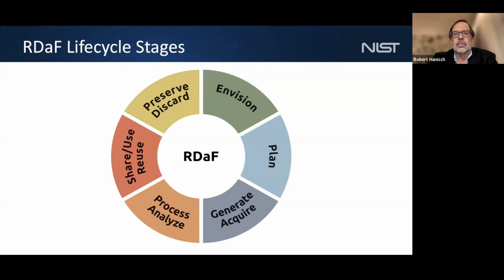planning is now getting into the details, writing data management plans, figuring out how one is going to acquire data, how one is going to store that data, what are the aspects of that data that might need to be held private, what can be shared, and so forth. That all goes into the planning stage. Then there's the actual generation and acquiring of data.